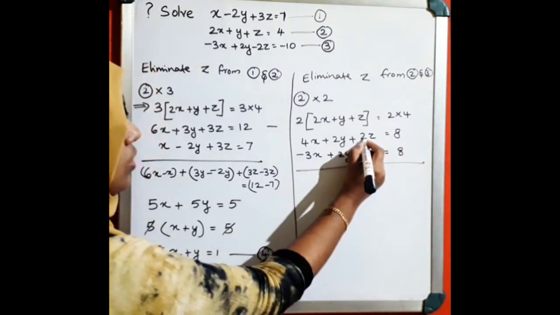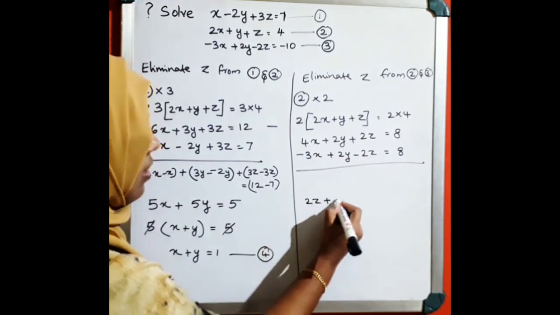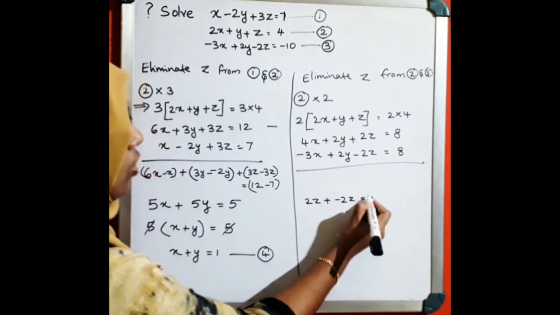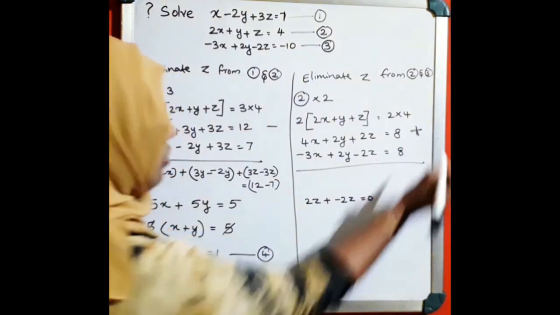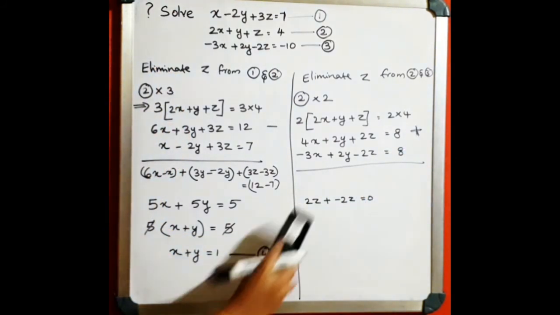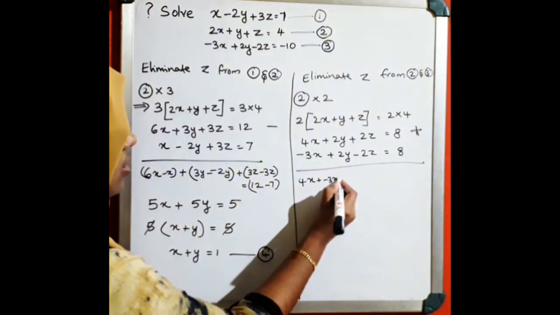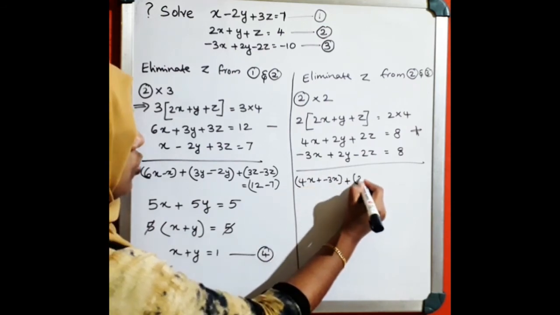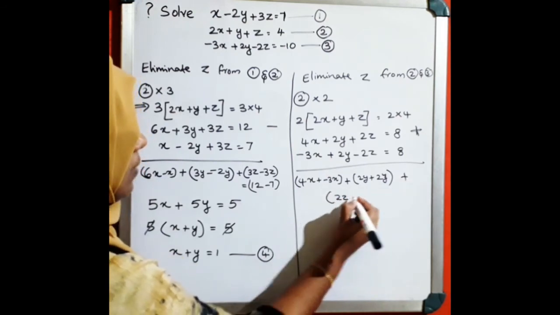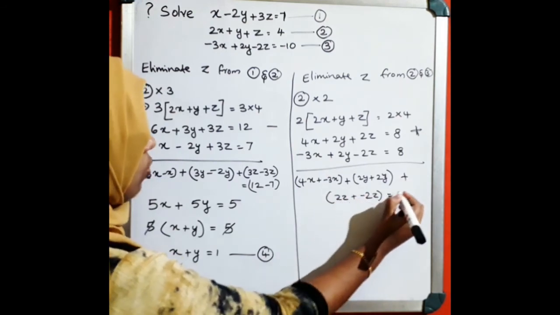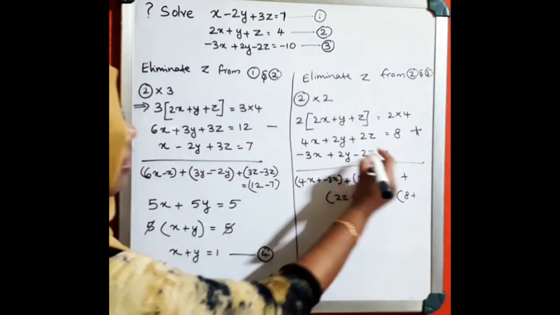We know that 2z plus minus 2z is 0. So, to eliminate z, just add this equation. If we add this equation, we get 4x plus minus 3x plus 2y plus 2y plus 2z plus minus 2z is equal to 8 plus, here the value is minus 10.